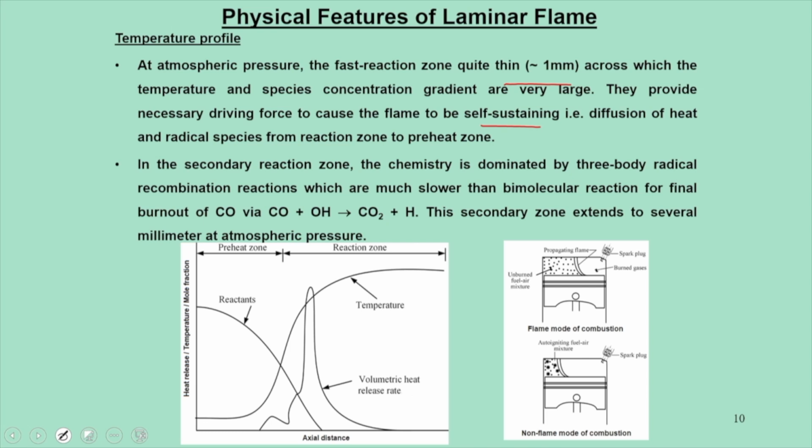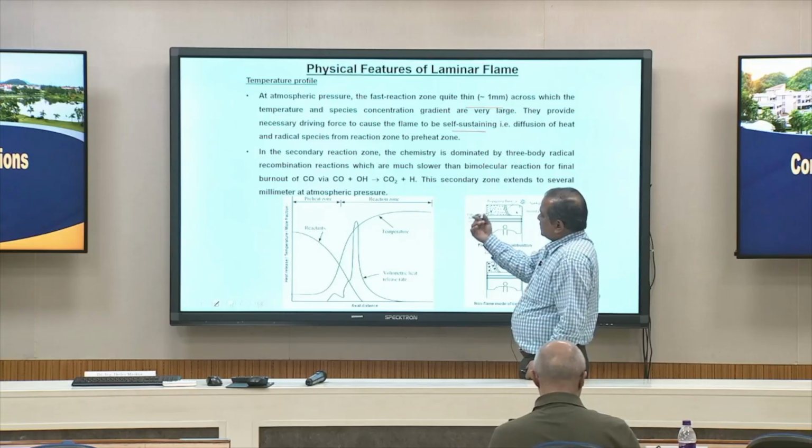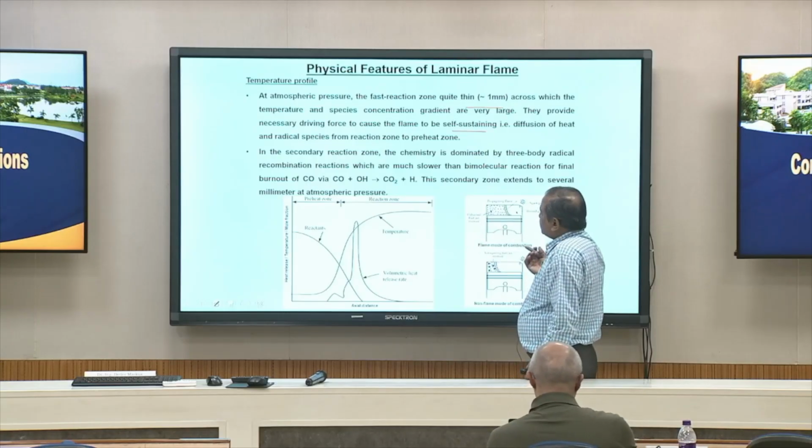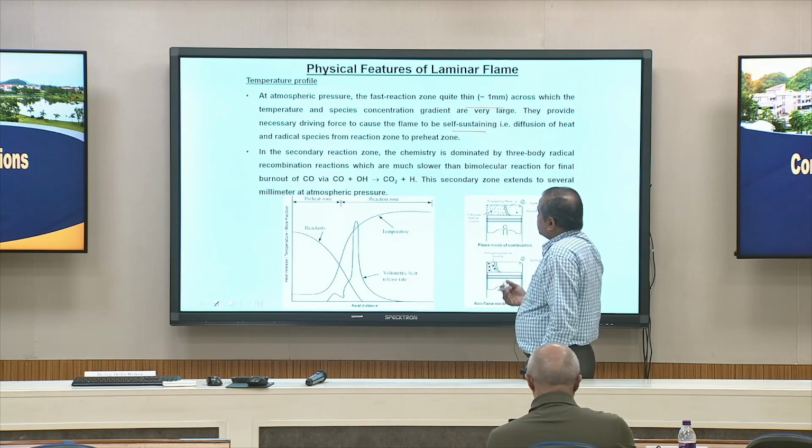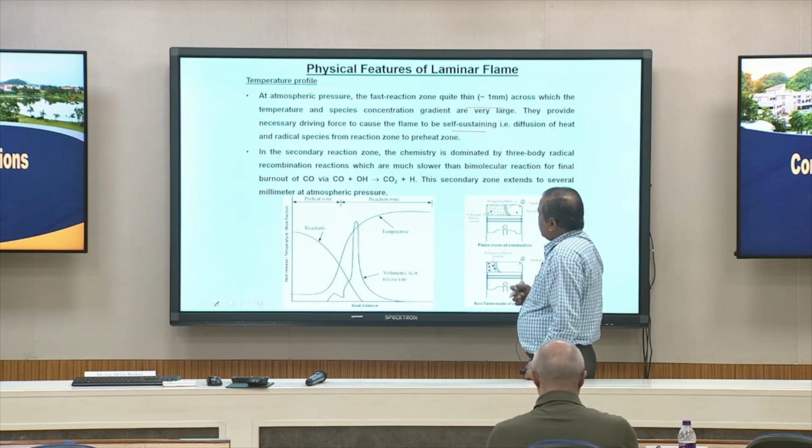The driving force is nothing but the momentum the flame carries with it, and that comes from the heat that is released during the ignition process. If the heat is sufficient, then it drives the flame. If it is not sufficient, you cannot ensure a self-sustained flame.